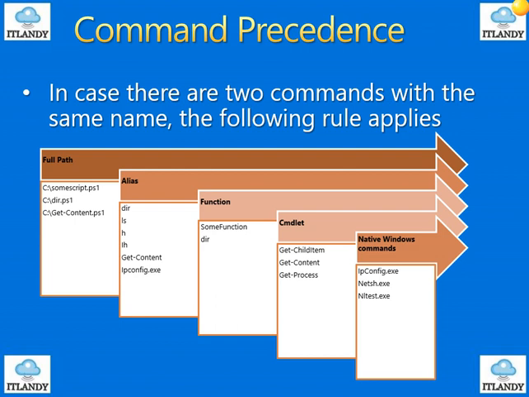For cmdlets, Get-Content; aliases, such as dir for listing and cat for getting content; then functions, some functions; then cmdlets like Get-ChildItem, Get-Content, Get-Process; and the last will be native Windows commands: net, nltest, and ipconfig.